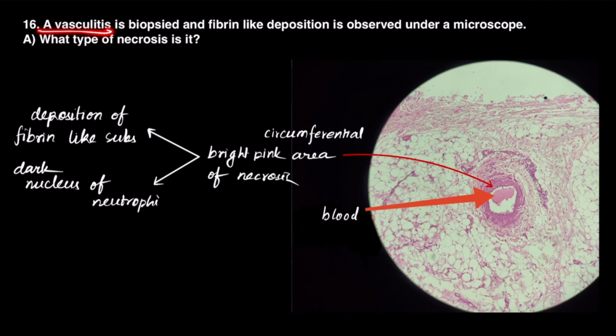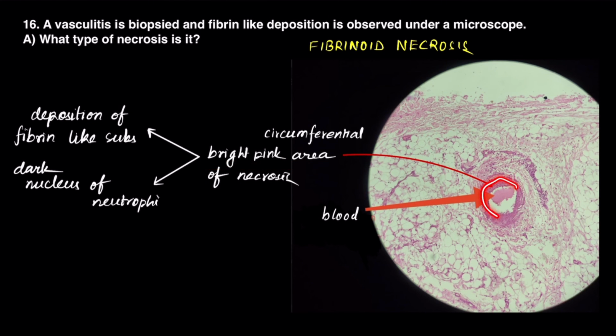A vasculitis is biopsied and fibrin-like deposition is observed under a microscope. So this is probably a case of fibrinoid necrosis. In fibrinoid necrosis, which is usually seen in vasculitis or inflammation of a blood vessel, the middle layer, the tunica media or muscular layer, goes through necrosis and shows under a stain a circumferential bright pink area.